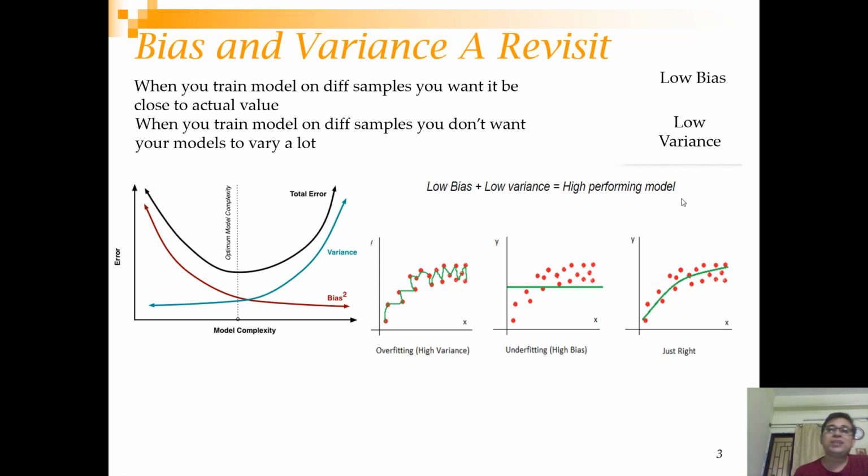Now, a question might be that linear regression is a simple model, right? It's not a complex model. So why do I worry about variance over here? I can give you two scenarios. First scenario is that your training data set is very small, inadequate.